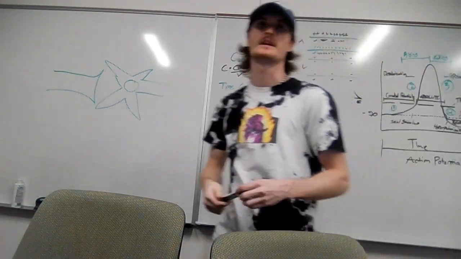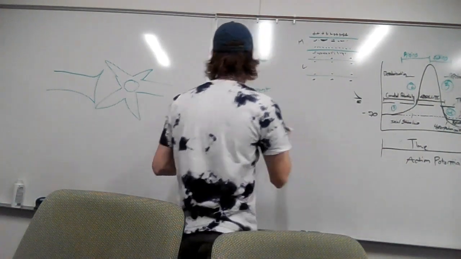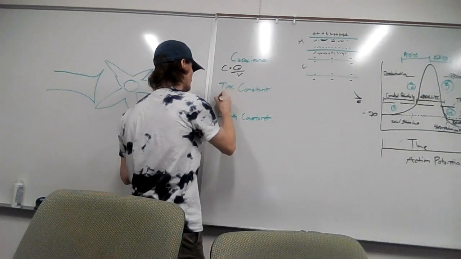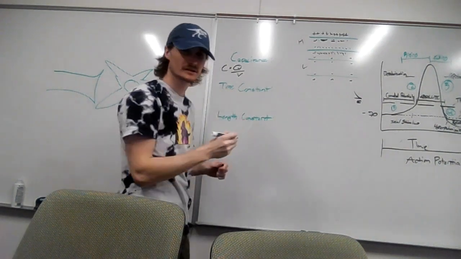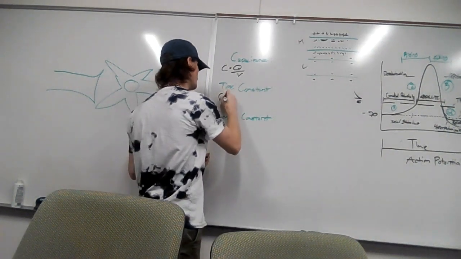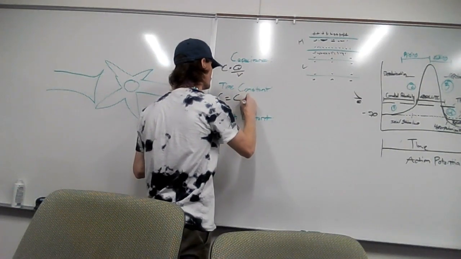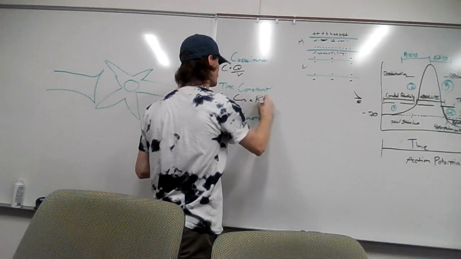Time constant. I forgot the symbol for time constant. I think in the book, it's like an R. But it's basically the capacitance of the membrane times the resistance of the membrane.